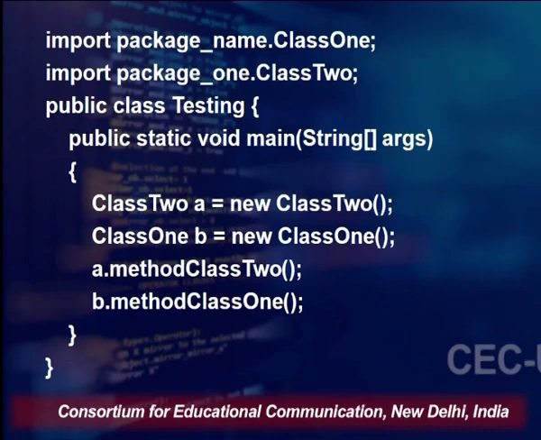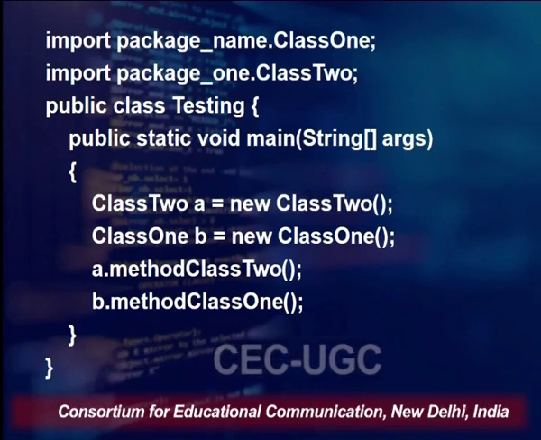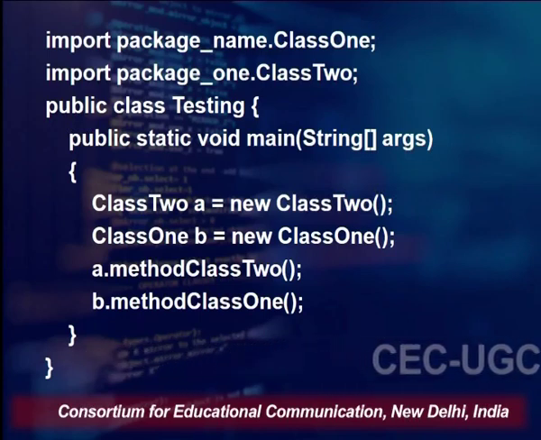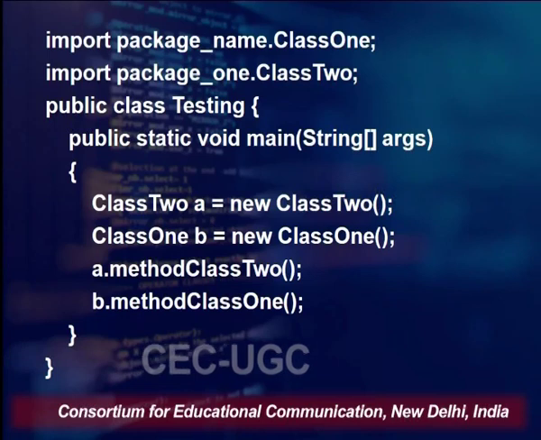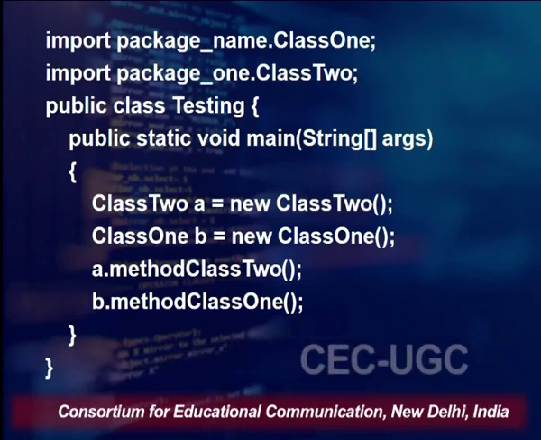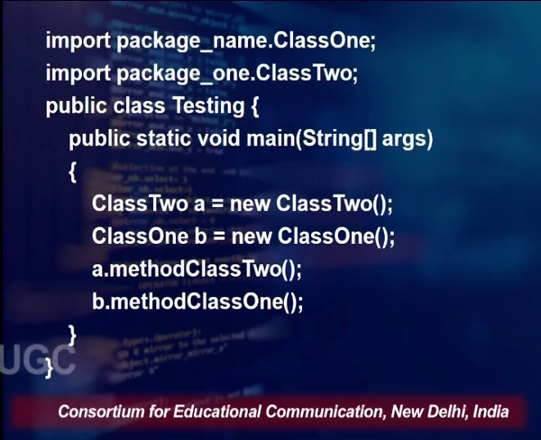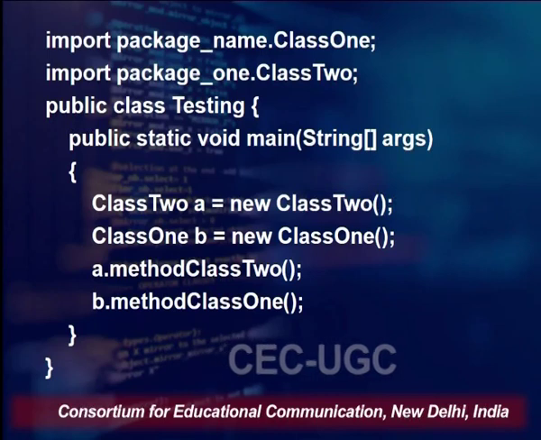Here we have written import package underscore name, which is the name of the first package, dot class 1. That means we are importing class 1 from package underscore name. Then import package underscore 1 dot class 2, that means we are importing class 2 from the package named package underscore 1.